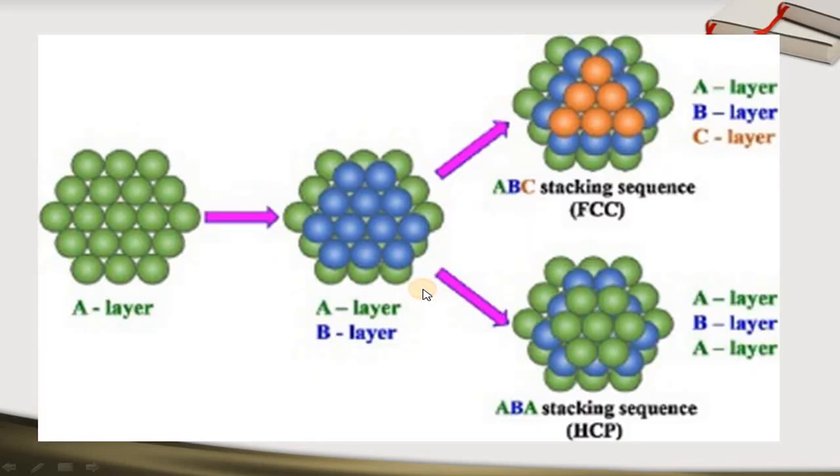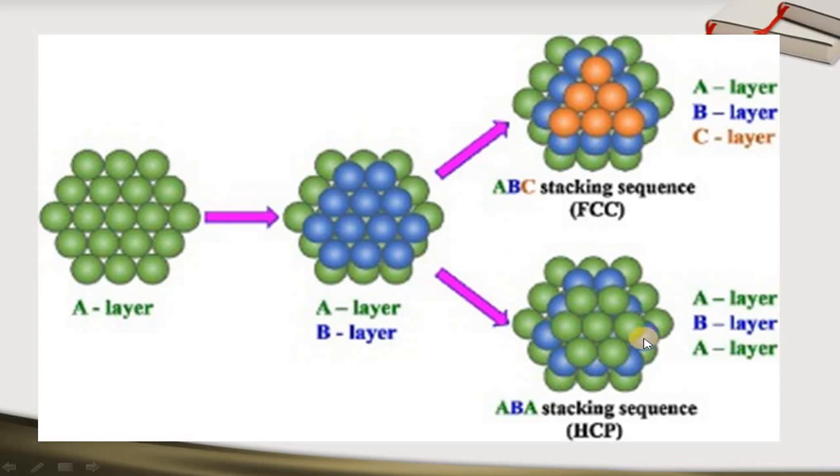Have a look at this figure. We have this A layer. We want to place the B layer, and this B layer is placed above the voids or holes present in the first layer. This is the AB layer. Now placing the third layer, we have both the tetrahedral holes and octahedral holes.